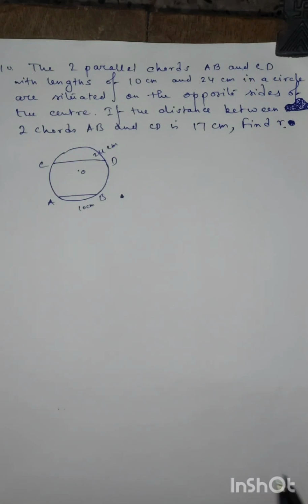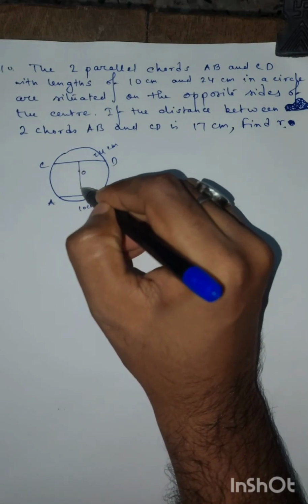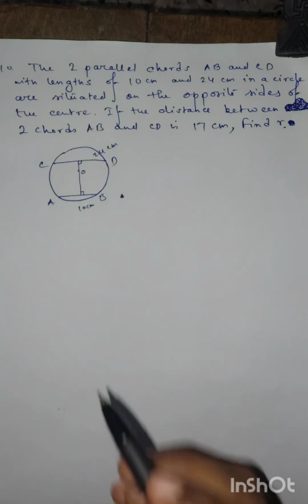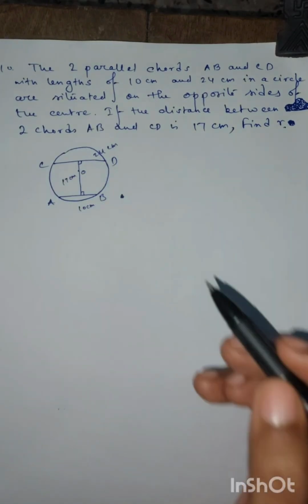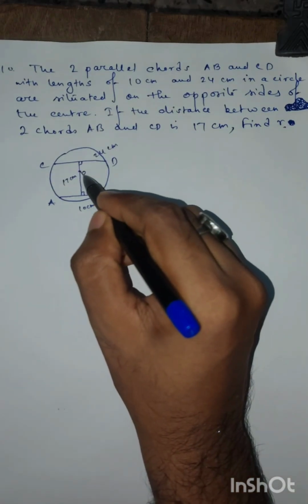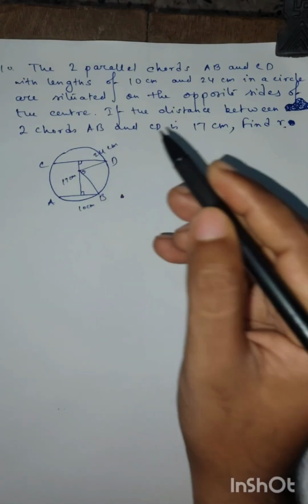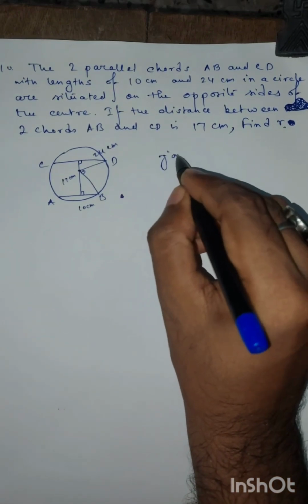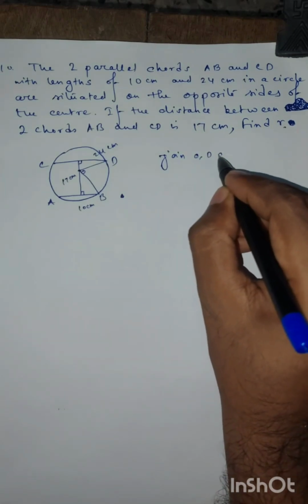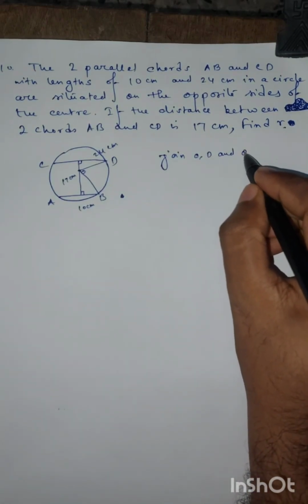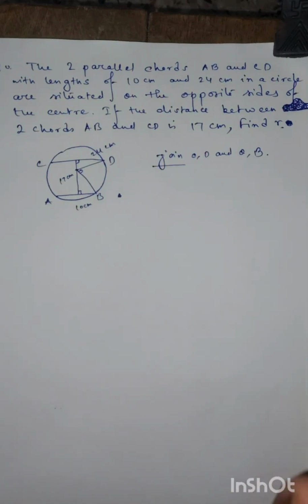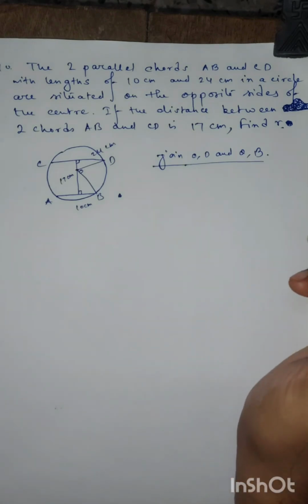And the distance between the two chords, this part, is 17 centimeter. Then find the radius. Let us join these 2 points. Join OD and OB first.